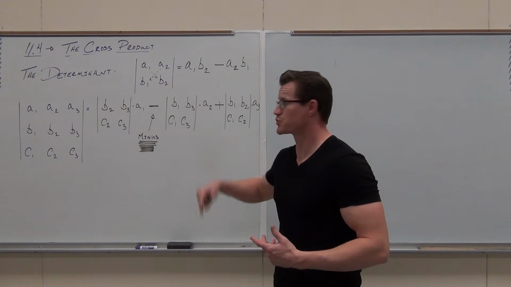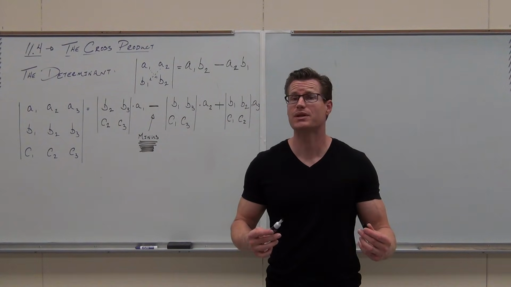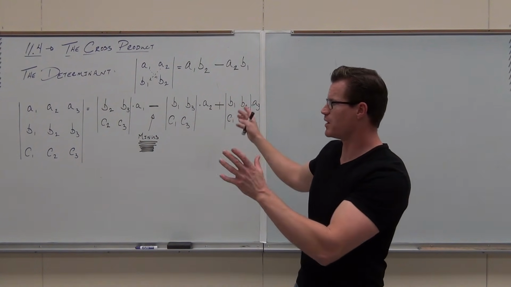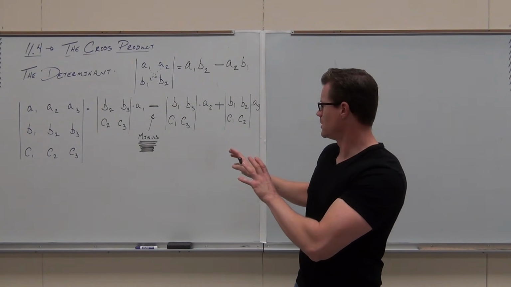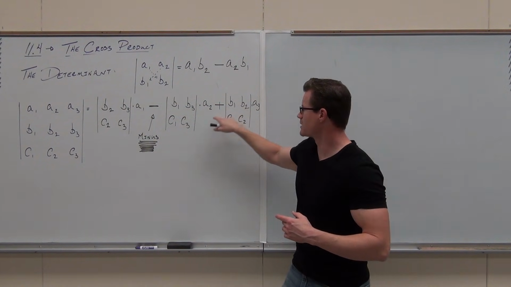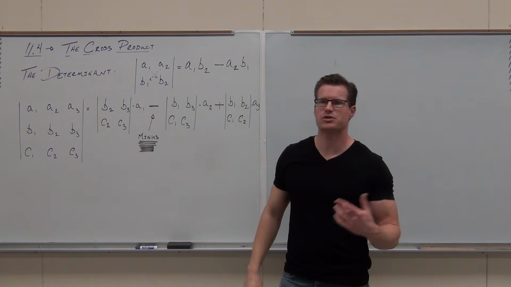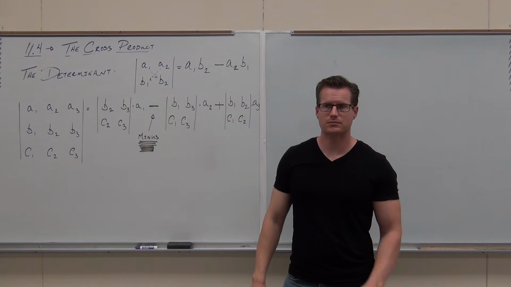Right now that looks like, why would anyone ever choose to do that? But it's really easy. Firstly, do you have all the correct letters in all the correct spots? I'm going to give you a second. Check your notes. Make sure you get a minus. Make sure you get a plus. Make sure it goes A1, A2, A3, and all these numbers are exactly the same. And then we'll show you how it works. You ready for it?